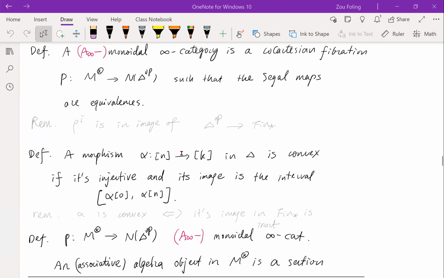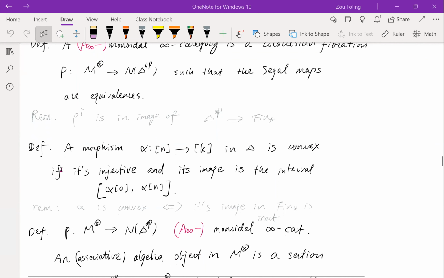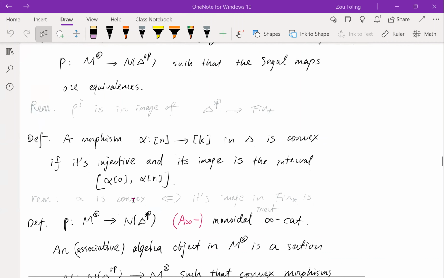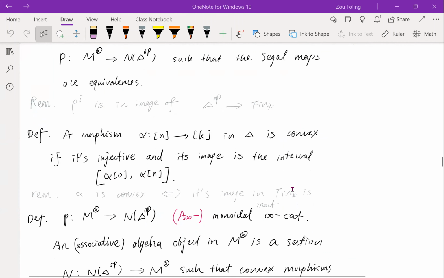We call a morphism k to n in delta op, or n to k in delta, convex, or just call it inert, if it is injective and its image is an interval, alpha of 0 to alpha of n. If we sit down and think about what this functor is, the condition of being convex is exactly saying that its image is inert. I can leave this as a homework problem too.